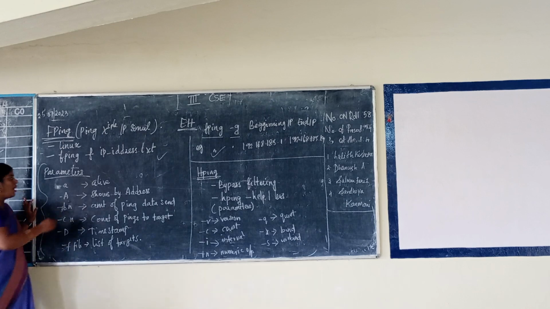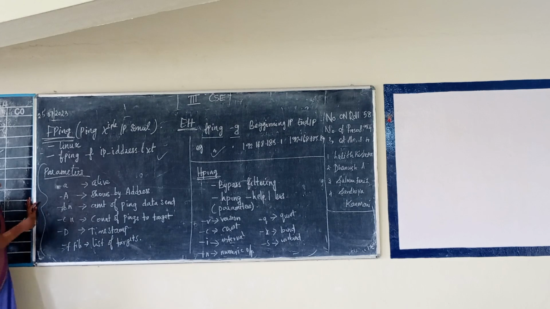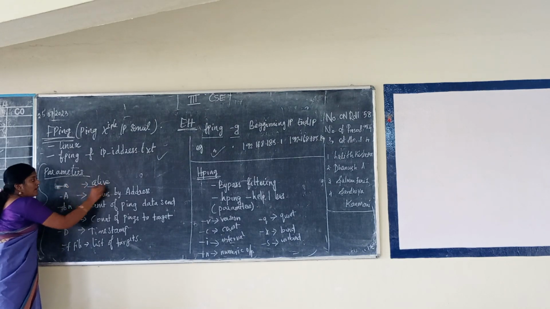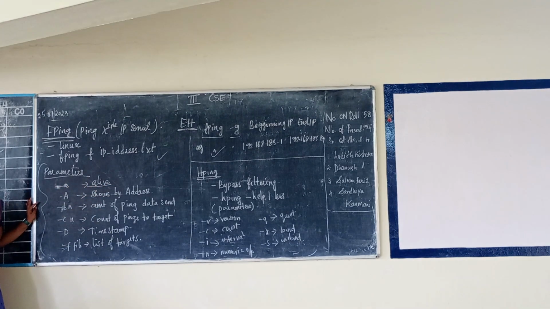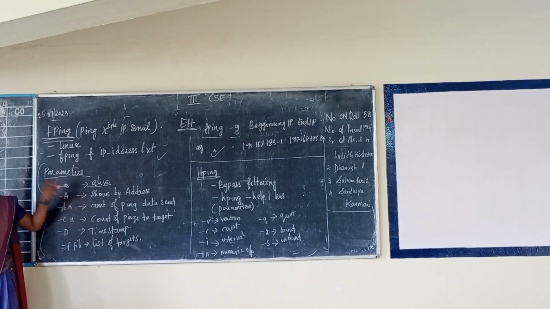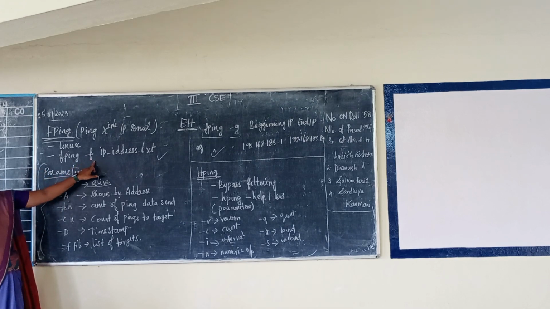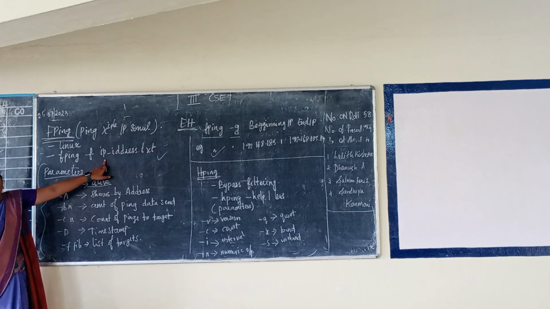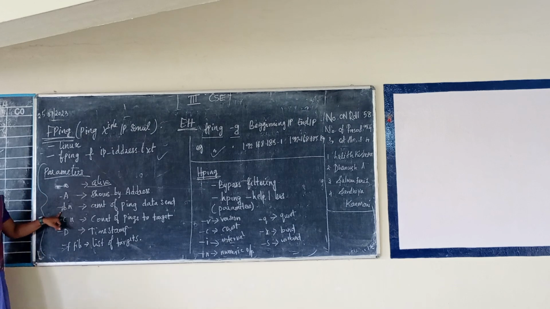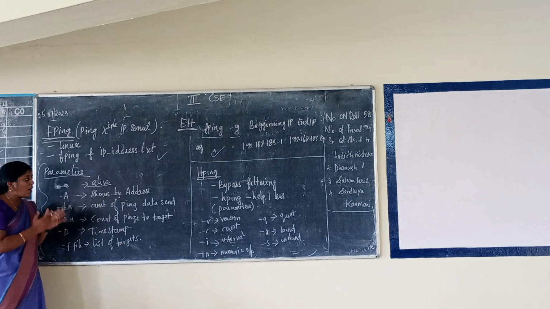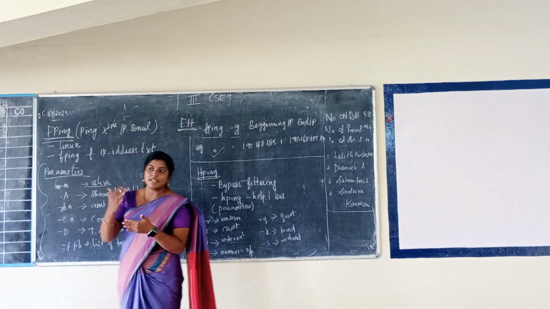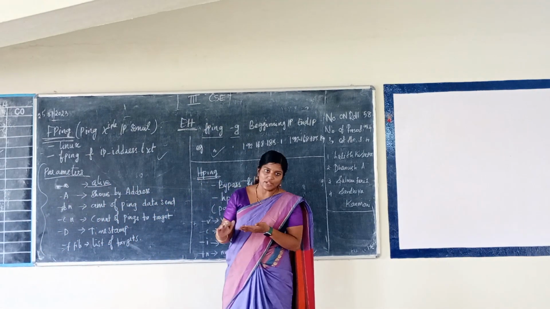So the basic commands which are used frequently: a is for alive, which is the alive condition. Capital A means it will be shown by address; the meaning is, with A we have to specify an address. Then -b is the amount of ping data sent at a particular time.